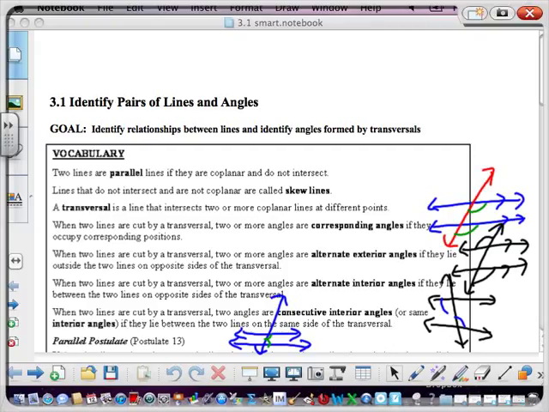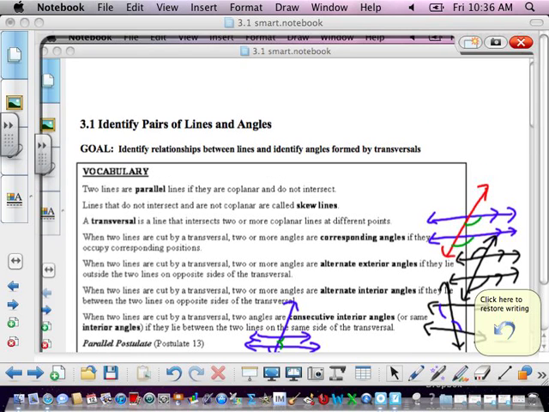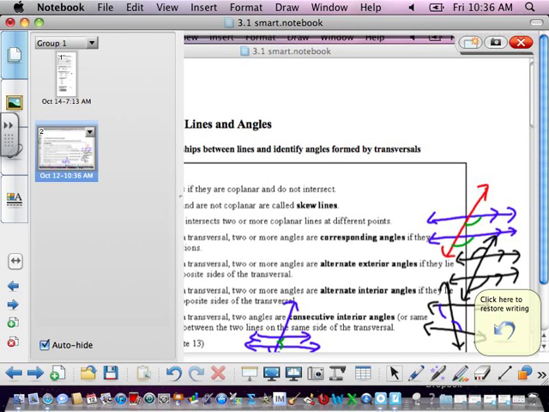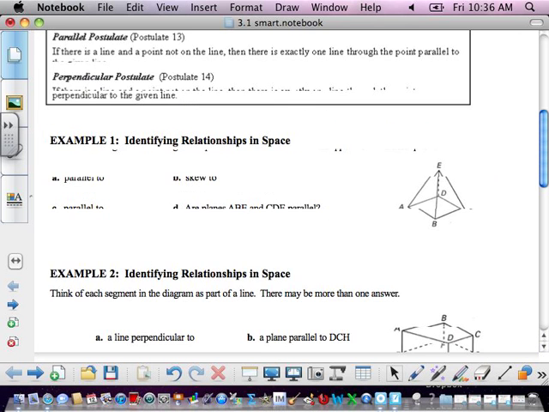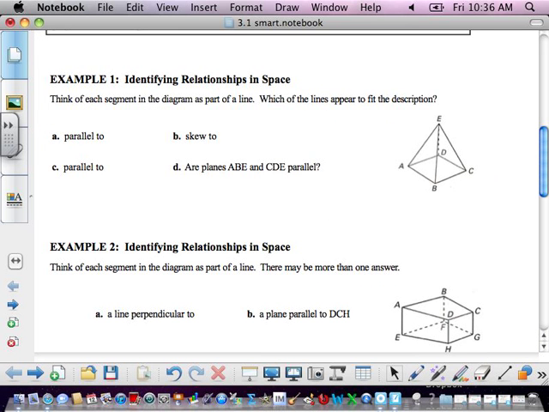Okay, we are going to do some of these examples. Unfortunately, it's going to make the pictures disappear, but I can put them back up later if you need them. We need a line that is parallel to AB. You tell me a line that's parallel to AB. DC, nice.